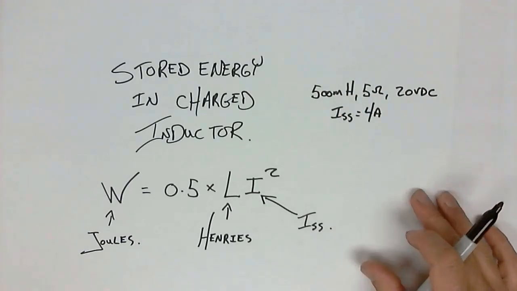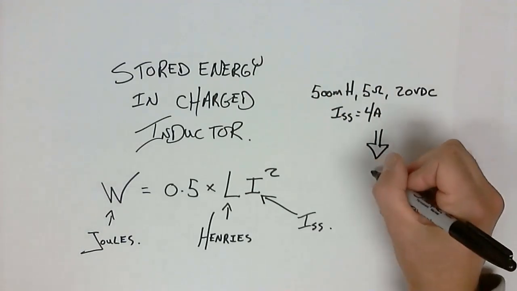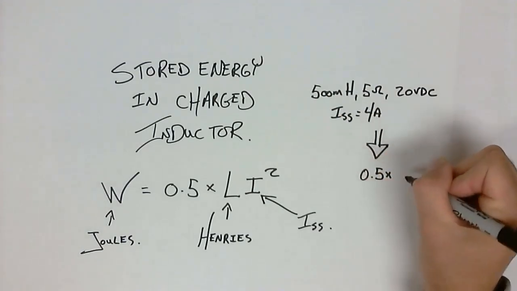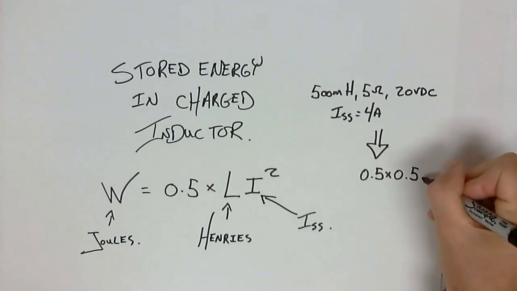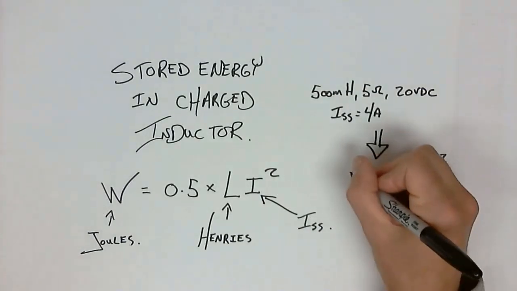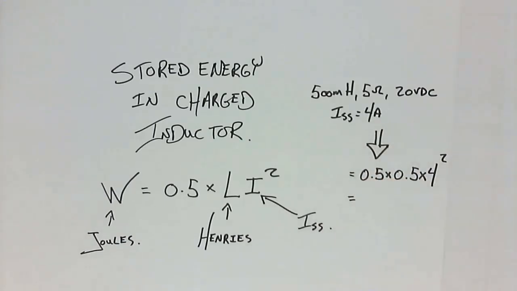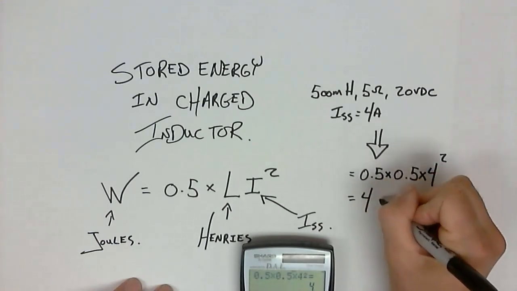And so what that means is that we could take this information and enter it into our calculator. 0.5 times 500 millihenry is 0.5 again, times the current squared, 4 squared. Once that inductor has reached its full steady state value, how much energy in joules will it be storing? Well, 0.5 times 0.5 times 4 squared gives me a value of 4 joules.